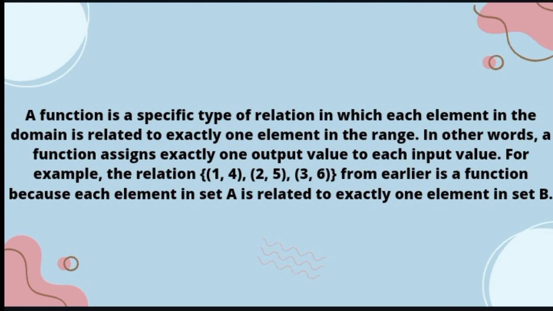In other words, a function assigns exactly one output value to each input value. For example, the relation 1 and 4, 2 and 5, 3 and 6 from earlier is a function because each element in set A is related to exactly one element in set B.